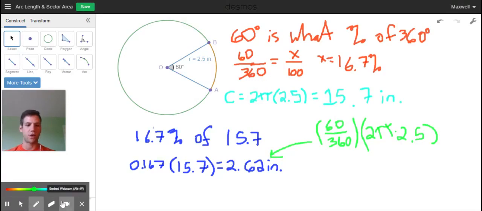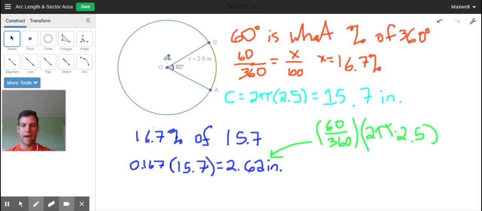Now, the last thing with arc length before we end this portion is we won't always have 60 degrees and 2.5 inches for a radius length and angle measure. Frequently in math, you see this Greek letter right here, which is called theta, representing unknown angles. So that would be what the 60 is.